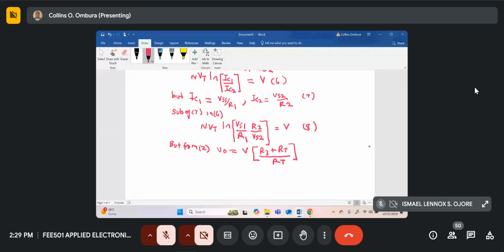So if we substitute 8 into 2, we'll get that V naught is equal to, instead of V, I'll put the whole expression 8. So I think I'll start with the R3 plus RT over RT first.